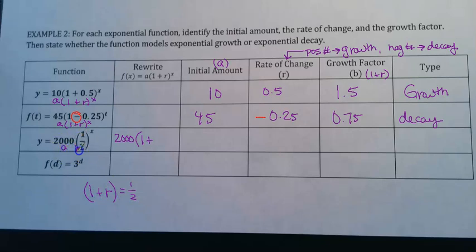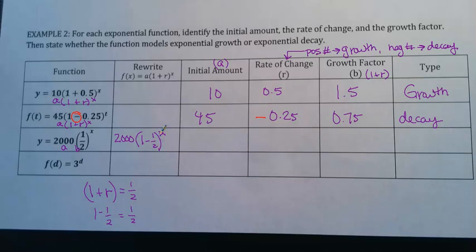This is more the ab to the power of x form. So 1 plus what number equals 1/2? Well, this is a negative 1/2, right? So 1 minus 1/2 would equal 1/2. So then we would need to change this to be 1 minus 1/2 to the power of x.